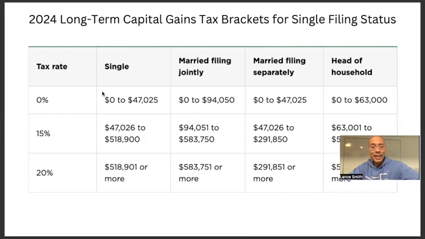And if your taxable income falls between 47,026 and 518,900, then your long-term capital gains tax is only 15%. So you see how there's a huge tax benefit for having long-term capital gains instead of short-term capital gains. And in the class, we'll go more into that.